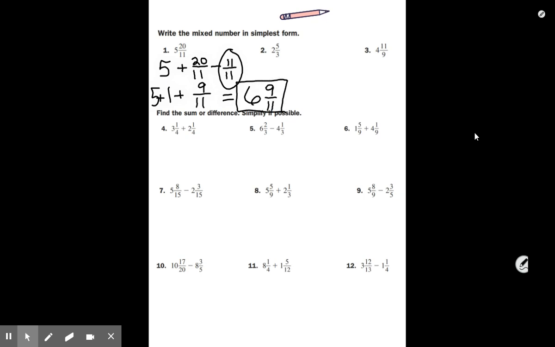Okay, that's exactly what you need to do when you come upon an answer that has an improper fraction hanging out with a whole number. Because mixed numbers should be hanging out with fractions, but those fractions really should be regular fractions, simplified. So what I want to see for that answer for number one is that.